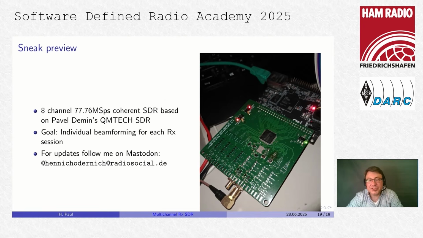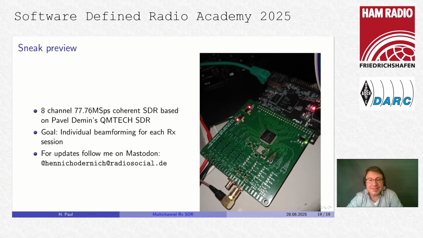And basically it's an 8-channel version of his SDR. It's an integrated 8-channel ADC running at 77.76 mega samples per second. And it's interfacing with the FPGA using very high speed serial LVDS lines, which was a bit of a pain to implement correctly in the FPGA, but I finally managed to, at least for 2 channels at the moment.